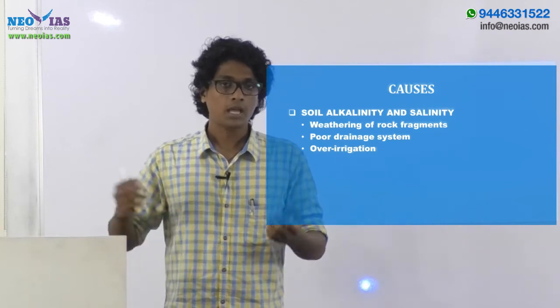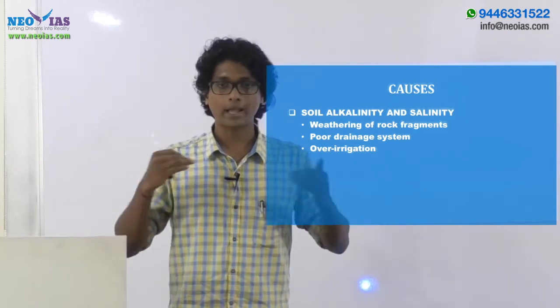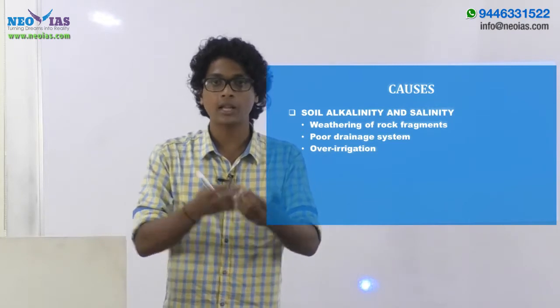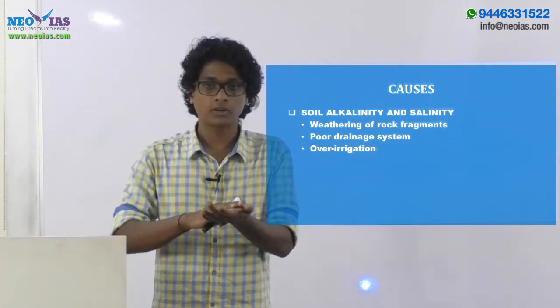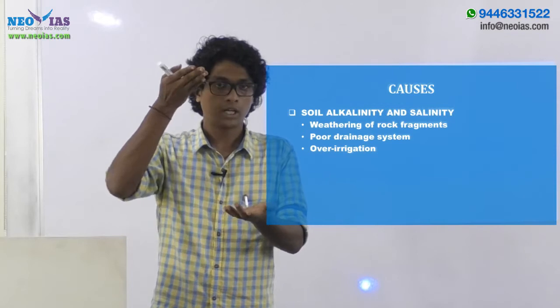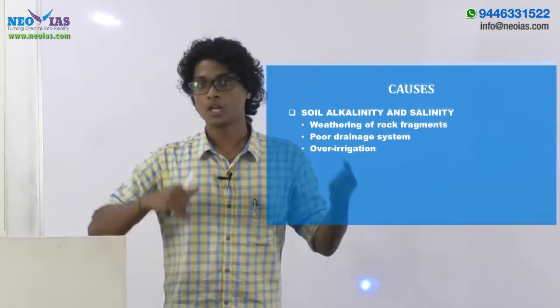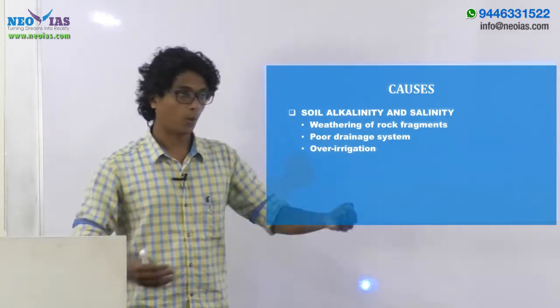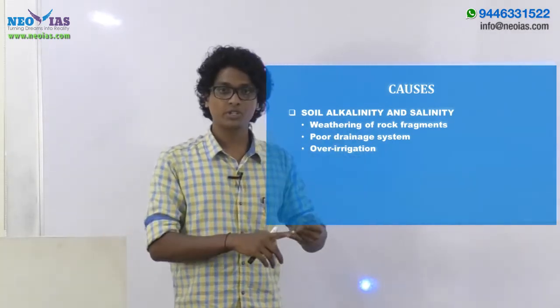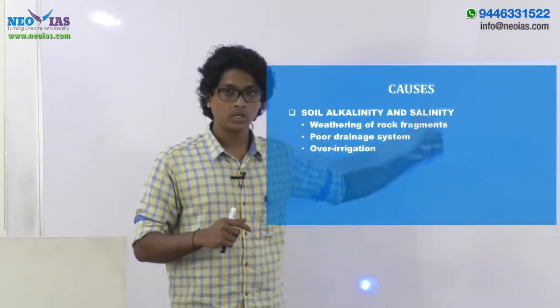At the same time, if you are over-irrigating the land, more evaporation will take place, and the salt from the subsurface will percolate through the topsoil, which will make the soil saline. So regarding soil degradation, how is it being caused? Through soil pollution, soil erosion, as well as soil salinity.